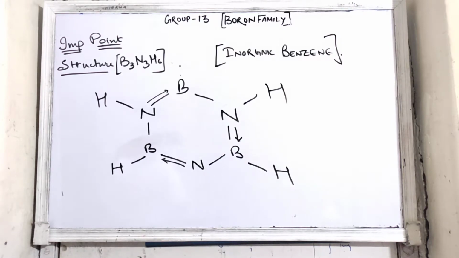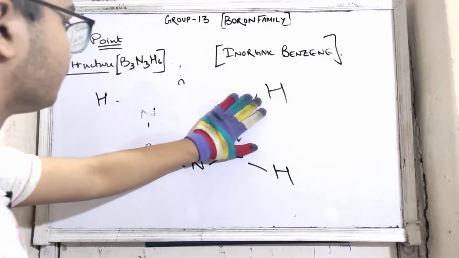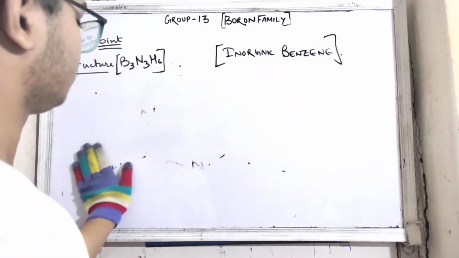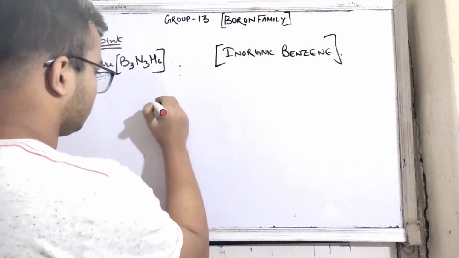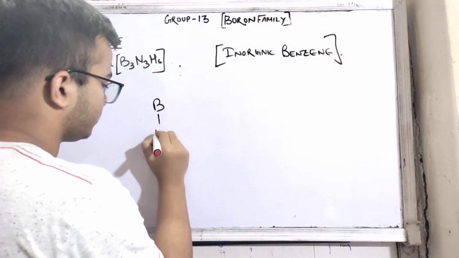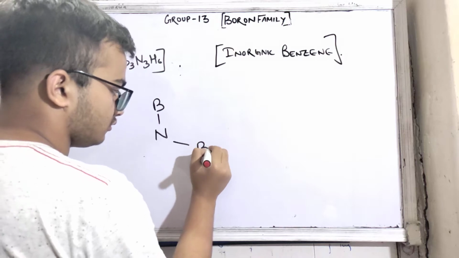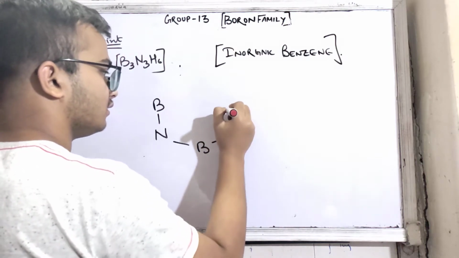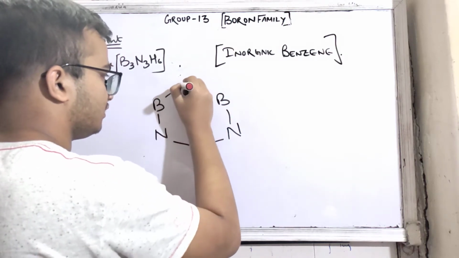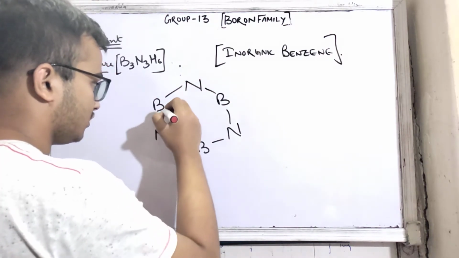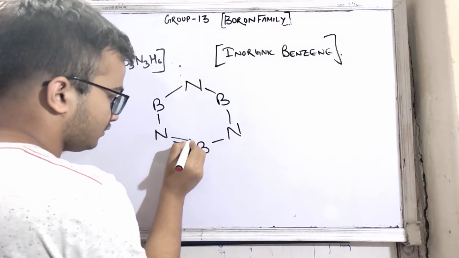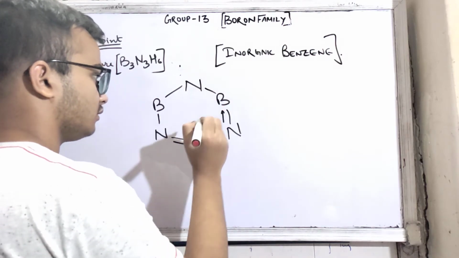Okay, I made a mistake, so let's do it again. What I said, we will take B and N alternatively. So this is B, this is N, this is B, and here it is N. Now I will satisfy the coordinate bonds alternatively.